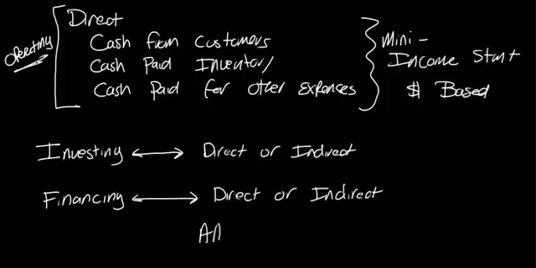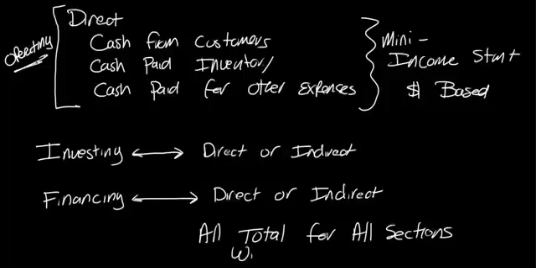So all totals for all sections, including the operating section, will be the same. One nice thing about that is if we do the direct method correctly, our cash from operations should be the same under either method.